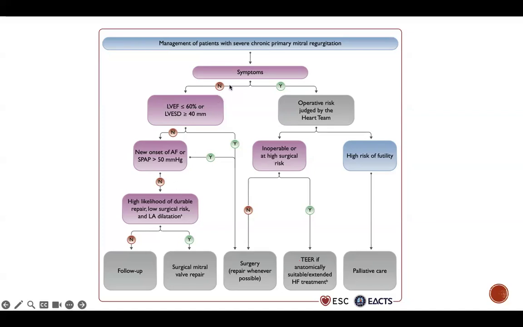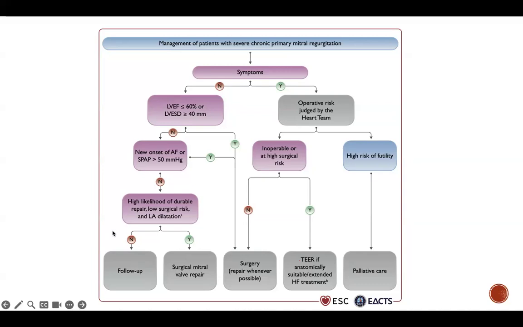Then let's say the patient is asymptomatic, normal LV size, normal LV function, no atrial fibrillation, no pulmonary hypertension, and came for routine follow-up. What would be the next step? Should we go for surgery or not? This will depend on the center that you're working in.